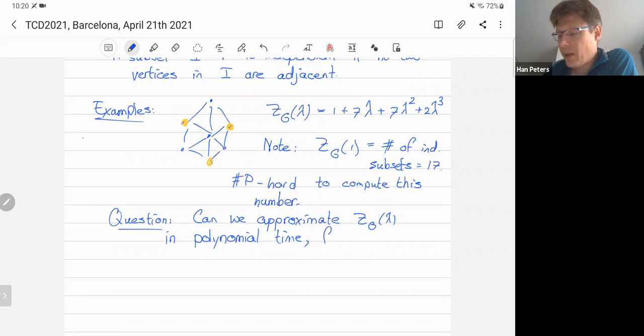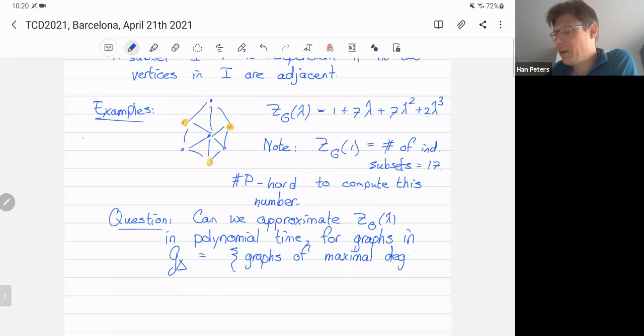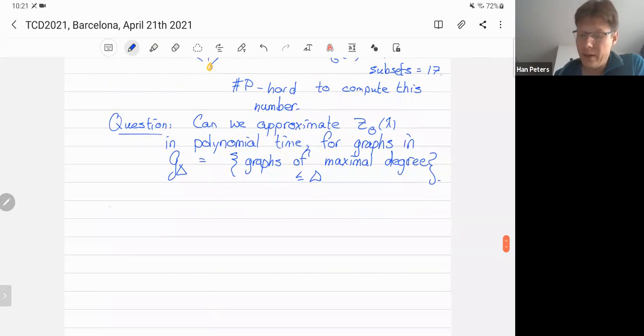So I'm going to say for graphs in G delta, which is the family of graphs of maximal degree at most delta. Maximal degree, the degree of a graph, is the maximal number of edges that come together in a single point.